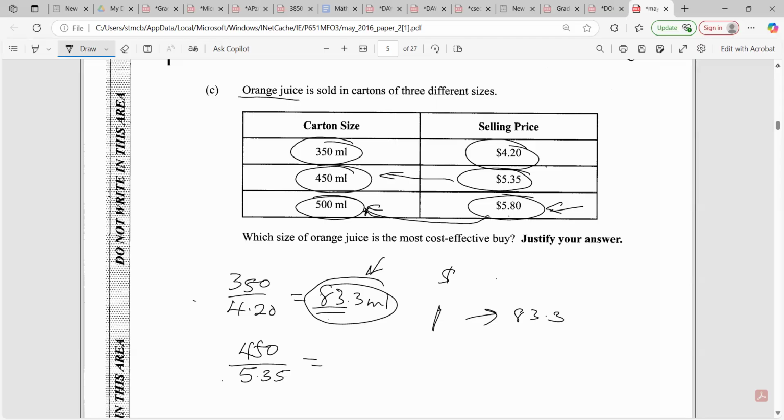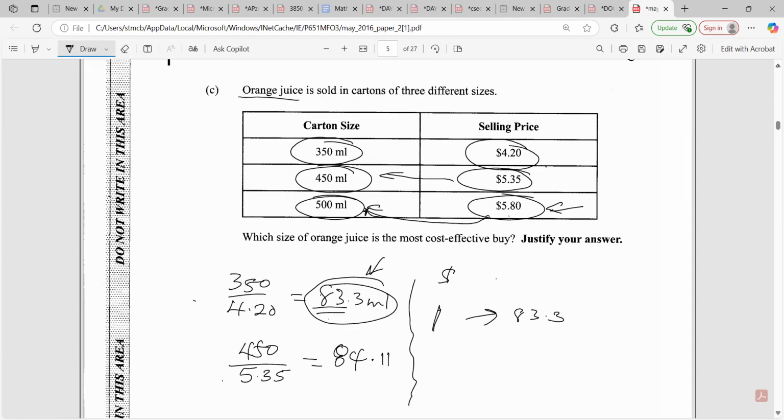So, sir, yeah, go ahead. I was doing it the other way, where I put it like 450 milliliters is equal to $5.35, and 1 milliliter is equal to X, and I cross multiply, and then I divide it.